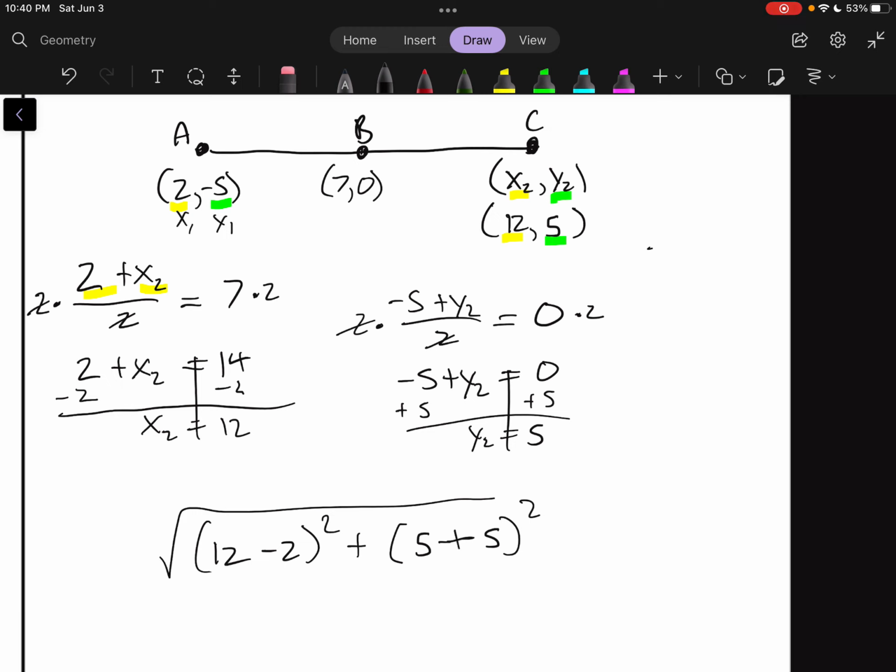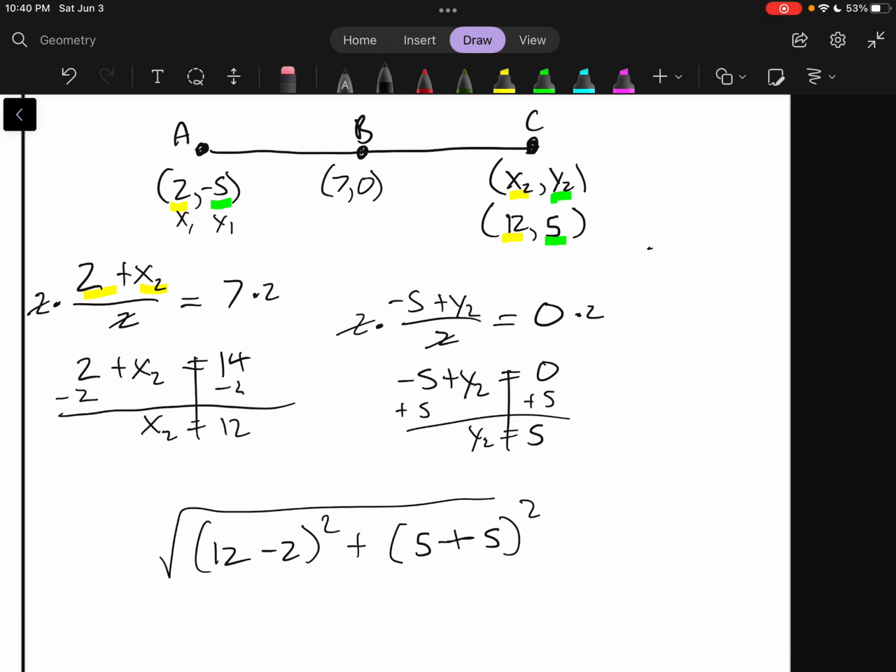Now, like I said, they said round to the nearest tenth, so I'm just going to type this in my calculator. 12 minus 2 in the first parenthesis, and 5 plus 5 in the other one.